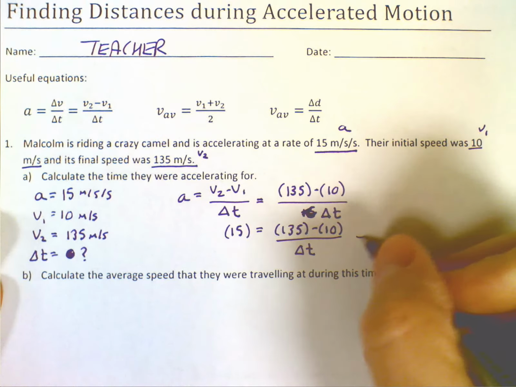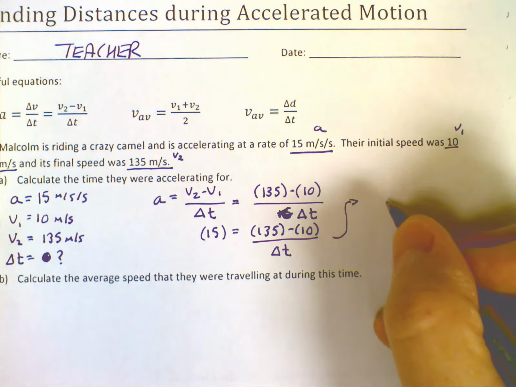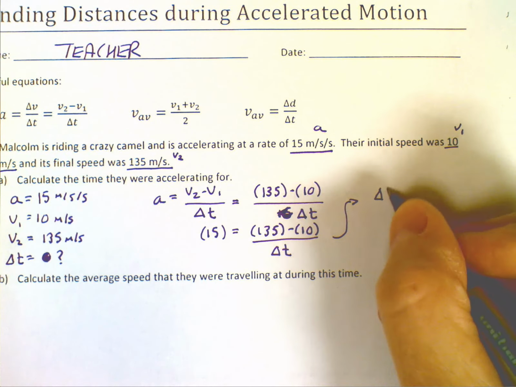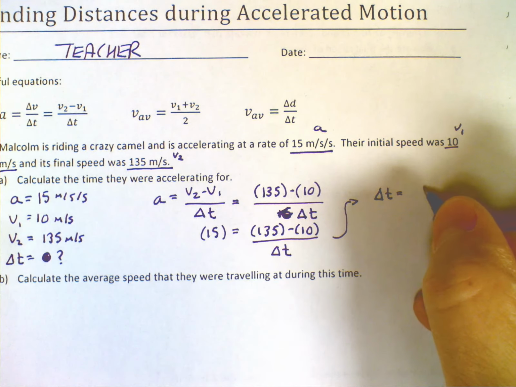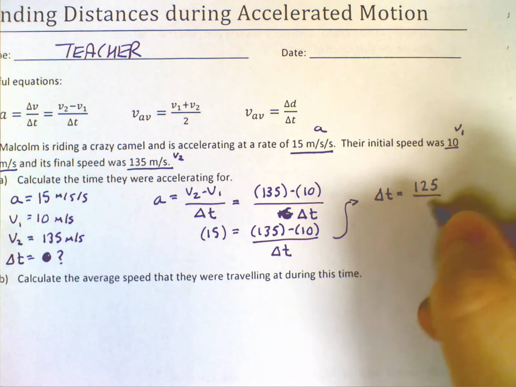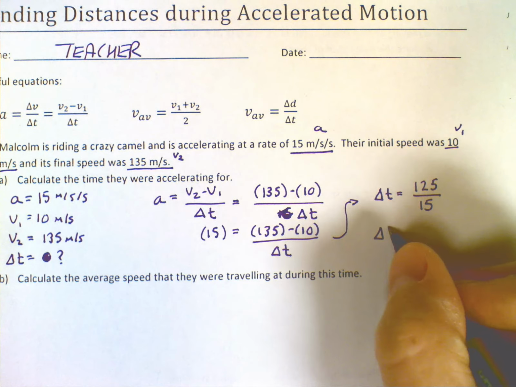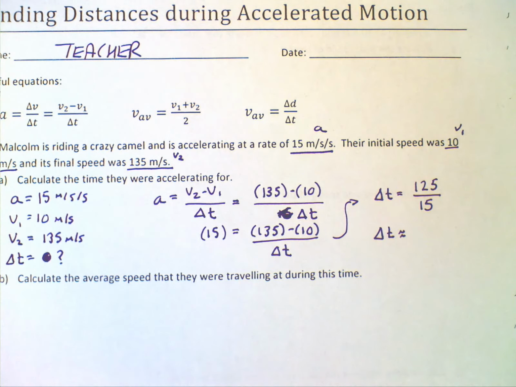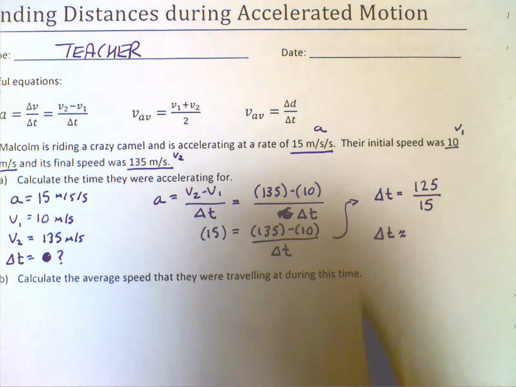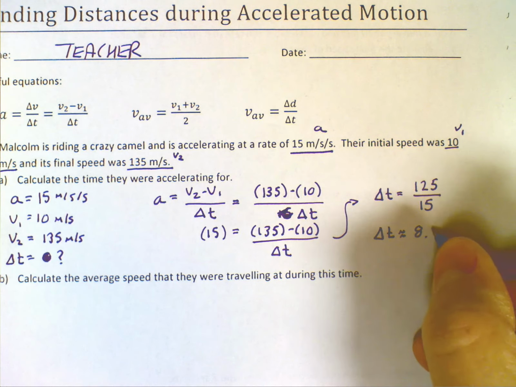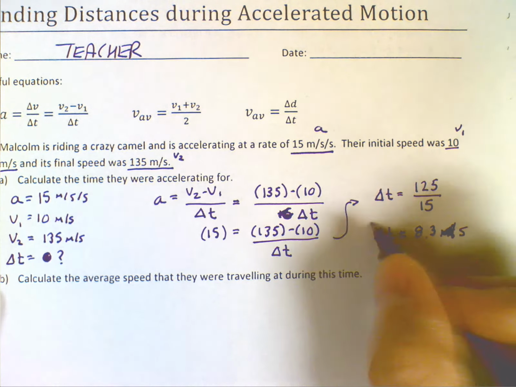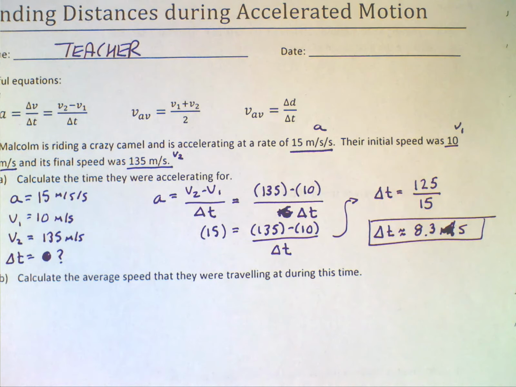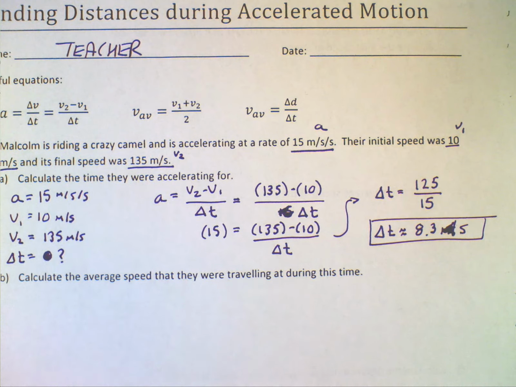So if we're trying to find the time, all we would need to do is multiply the time up to the top and divide by the 15. So 135 minus 10 is 125, divided by 15. So the time is approximately 8.3 seconds. Okay. It takes about 8.3 seconds to do that.